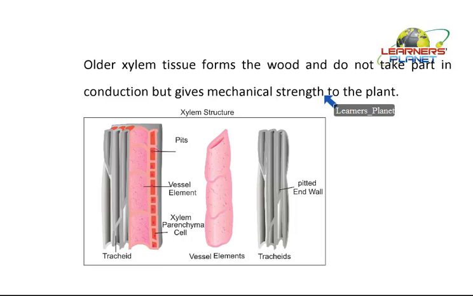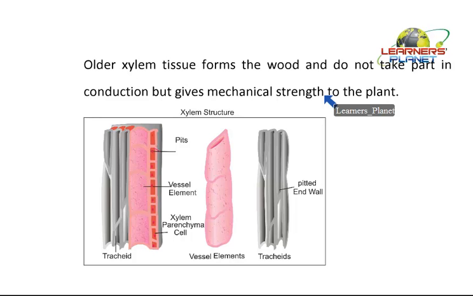Now the strength is provided by which part? Of course it is because of the vessels, the tracheids, and the fibers, because these three are the dead parts of the xylem tissue. Vessels and tracheids are involved in the transport of material as they form the vessels or channels.